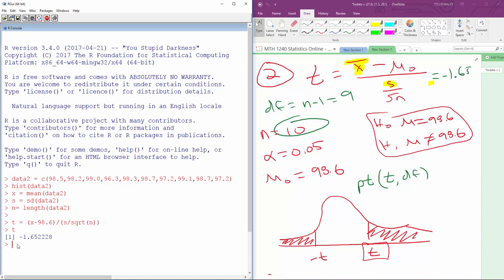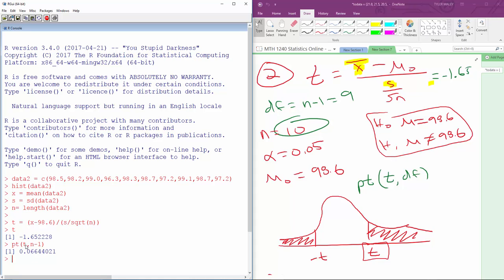So if I type in pt, I could just type t comma, and then n minus 1. I can refer to this because I let t be my t value and n be the length. I already set those variables, so we can use them here also. And I find that.